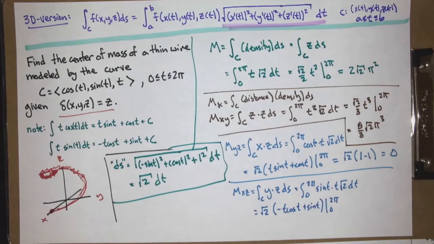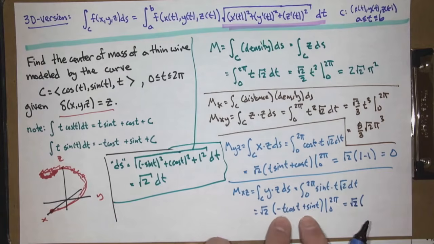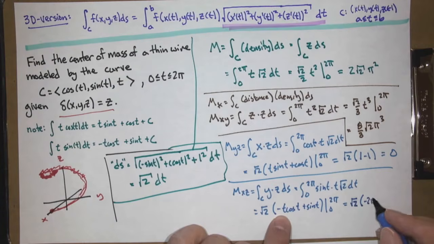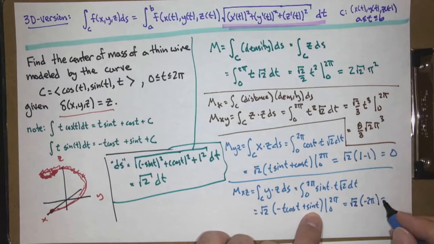When we plug in 2 pi, we're going to get negative 2 pi, and then sine of 2 pi is 0. When we plug in 0, we'll get 0 because of the 0, and sine of 0 is 0. So we get negative 2 root 2 pi.